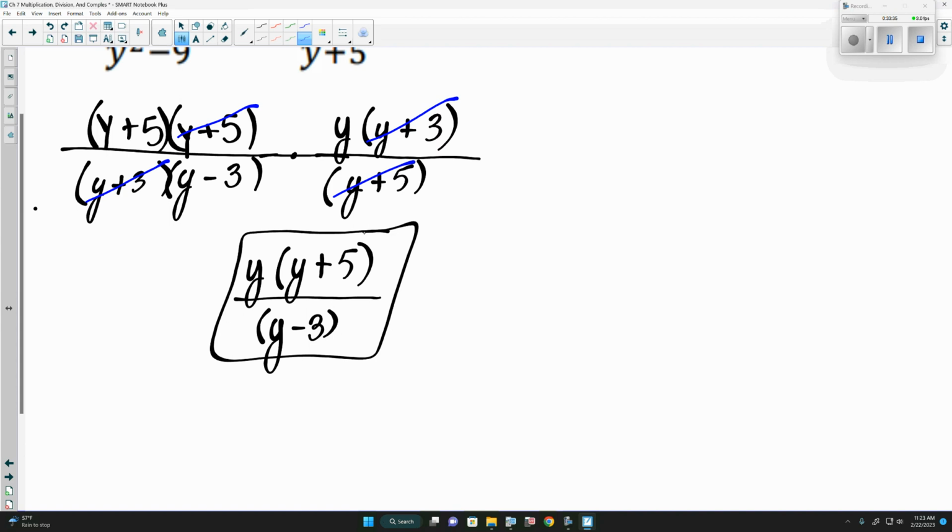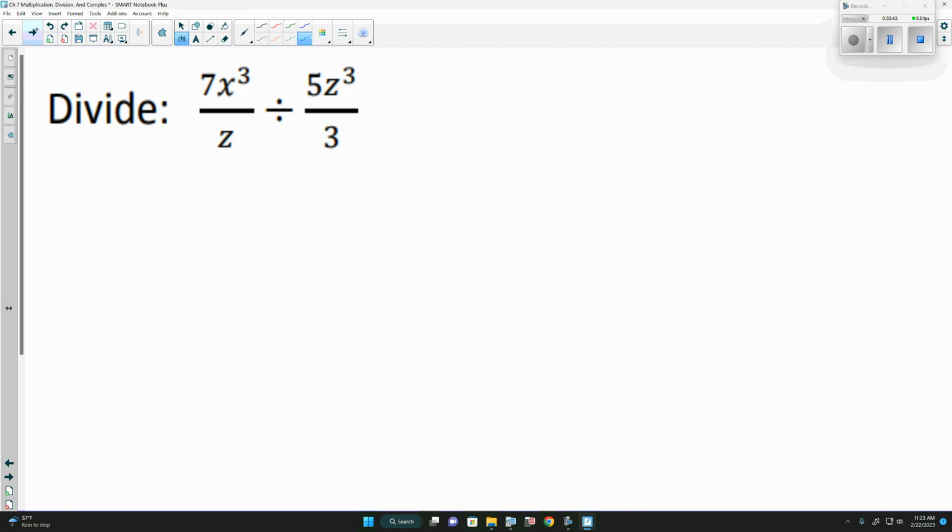Any other questions over any of this here? There's one more, we're going to look at this one here. And this is our dividing. Now the main difference between division and multiplication is the first step. Keep, change, flip. When we divide two rational expressions, we keep the first one the same.